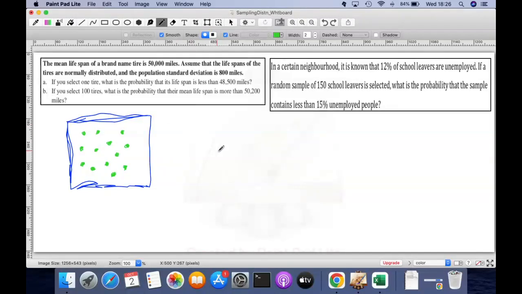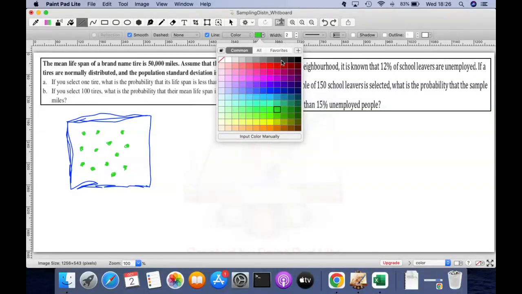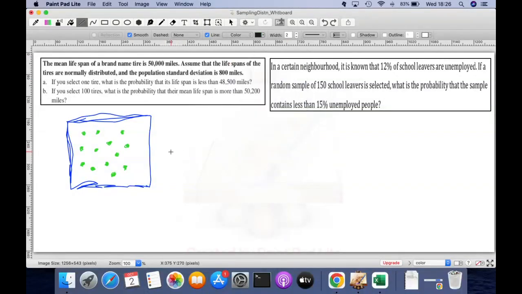All right. Now, the part in the question that's in bold, it says the mean lifespan of a brand name tire is 50,000 miles, and assume that the lifespan of the tires are normally distributed, and the population standard deviation is 800 miles. Now, if you recall what we did in the last session, we spoke about the normal distribution, right? I told you, try and envision a histogram, and it's symmetric.